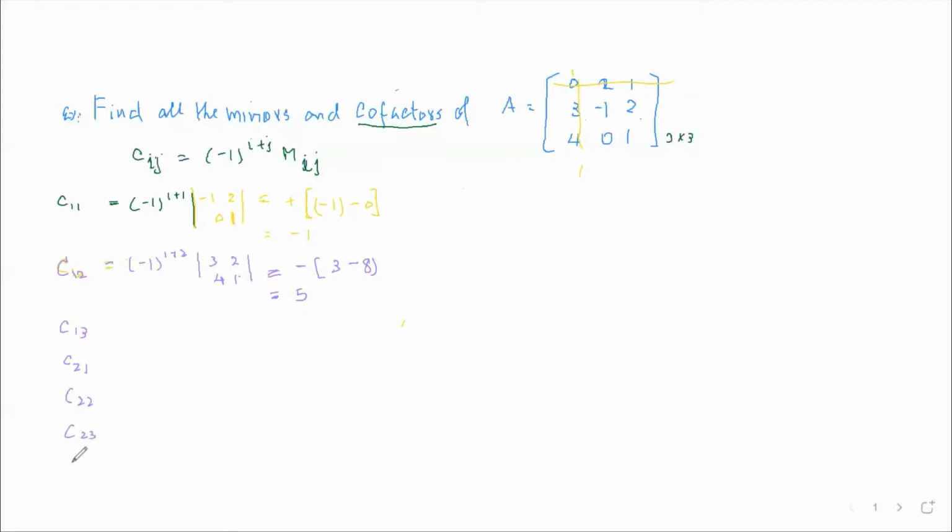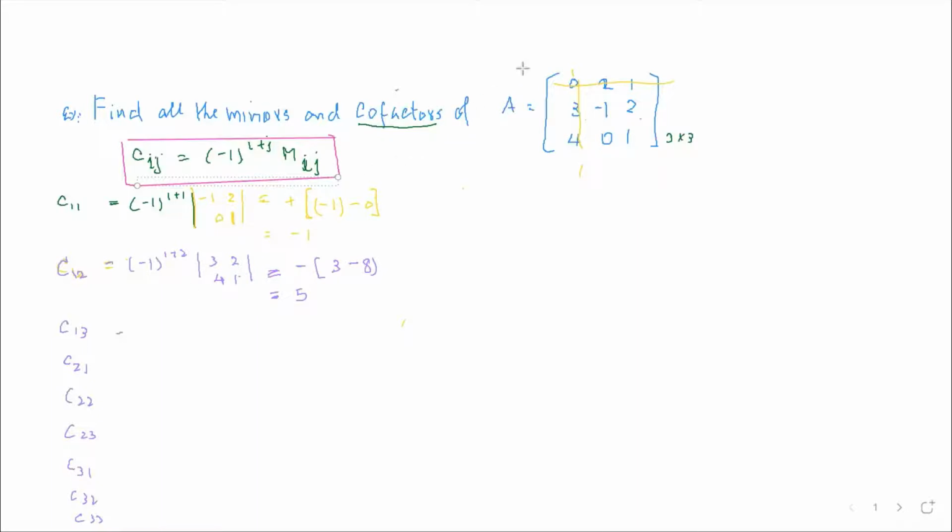And go on until the third row, C31, C32, and C33, using the same idea with this formula. So this is how to get the cofactors.